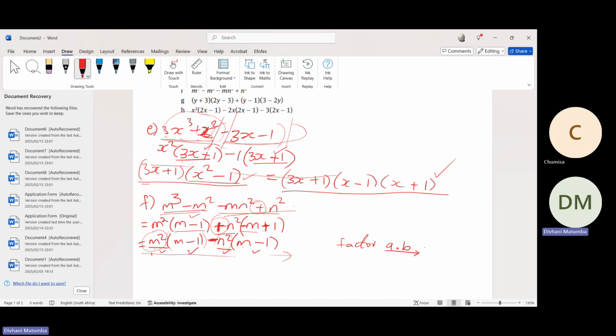So on either side of the minus sign, is there a factor which is common? Is there a factor which is found on both sides? Yes, sir. Which is M minus 1. Perfect. Then what are we left with on this side?